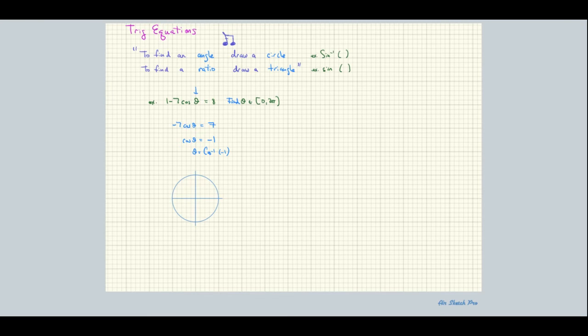There we go. Yeah, great. Okay. And so I'm looking for cosine -1. Cosine is negative. I'm looking for where X is -1. That's right here, isn't it? But if I'm looking just for the places where X is equal to -1, that's all these places, isn't it? So I'm going to draw that line where X is equal to -1.